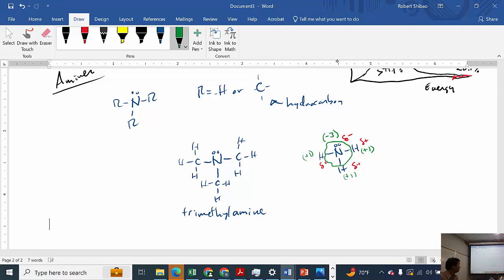Let's go over here. Which is more electronegative, nitrogen or carbon? Nitrogen. Now, when we compare trimethylamine with ammonia, is there a big electronegativity difference between hydrogen and carbon, or a small one?